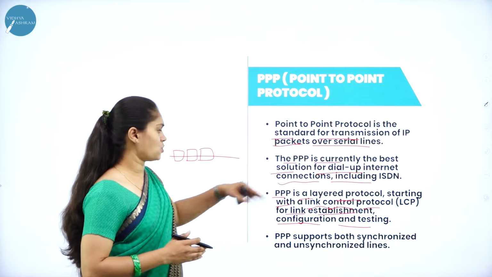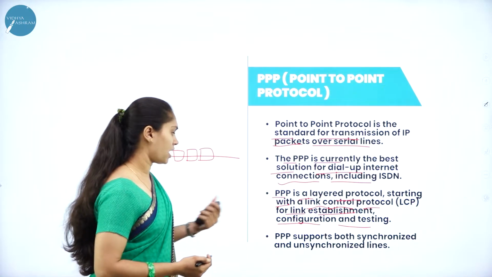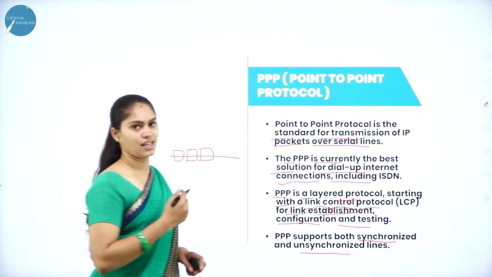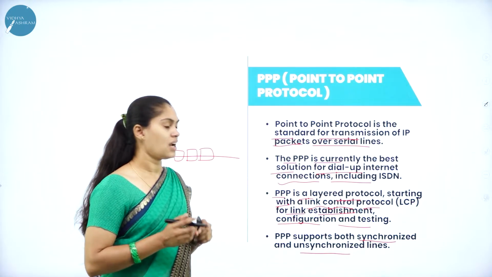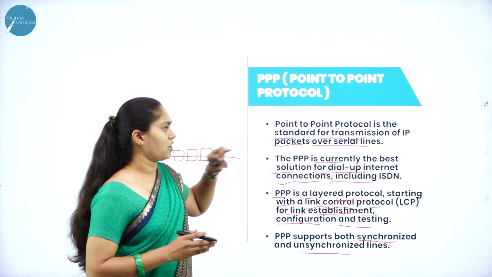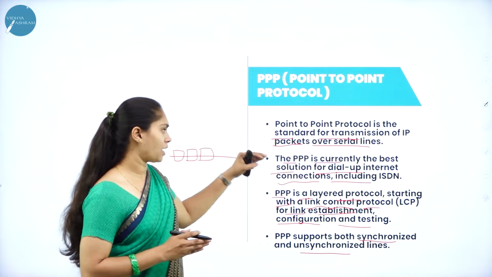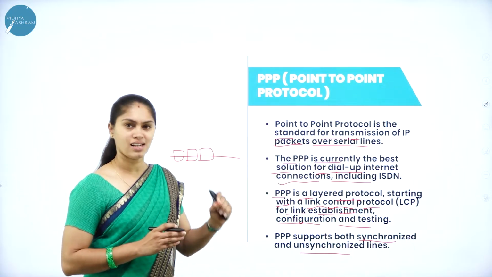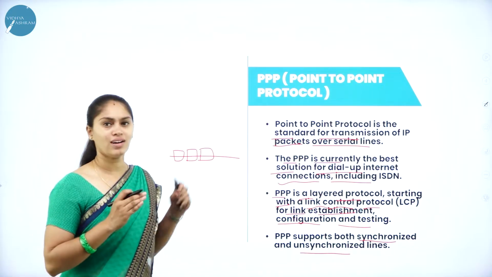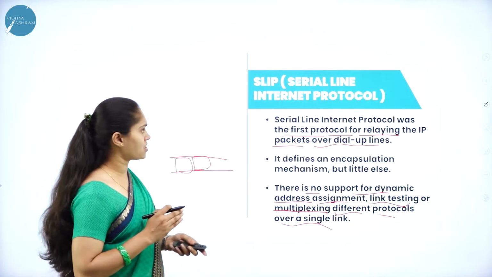That takes place with the help of this PPP, and PPP supports both synchronized and unsynchronized lines, mainly dial-up lines. So we use PPP for transmission of IP packets over a serial line.